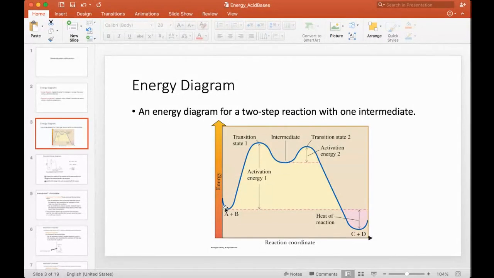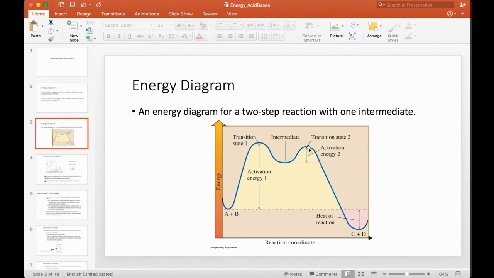For A and B to reach this point, obviously there needs to be enough energy to surpass this amount of energy here, which is what we call the activation energy. Once the first step is finished, in the second step there is also a rearrangement of structures and atoms to lead to another structure here with higher energy.